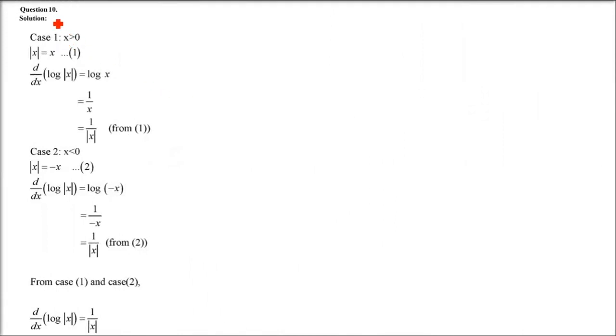Next is question number 10. Now d by dx of log mod x. Let me show you the function first. Log mod x. We have to find out d by dx. So first we have to take case 1, case 2. Why? Because there is a mod x involved. So x is greater than 0, x is less than 0.